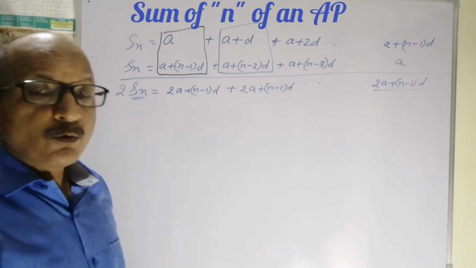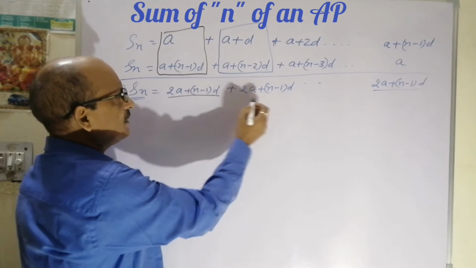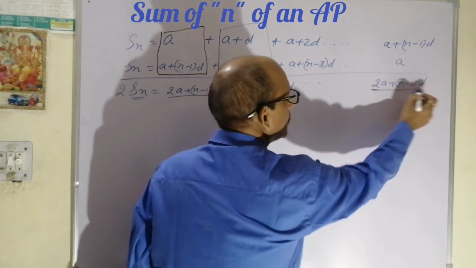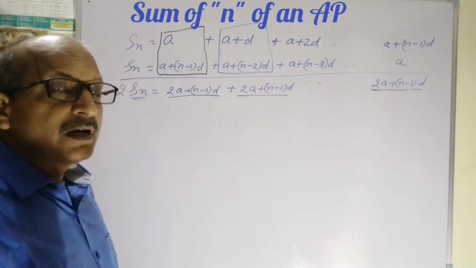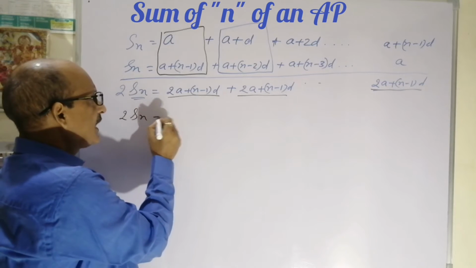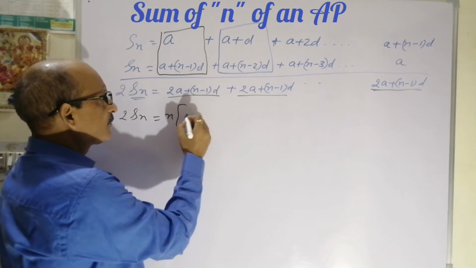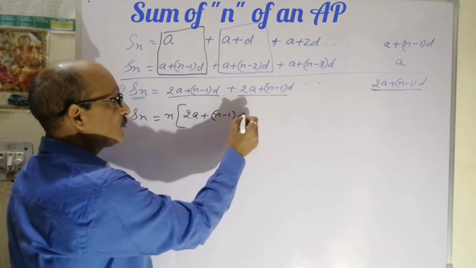It means we are going to add 2a plus n minus 1 into D, n times. To add any number n times, it is better to multiply it by n. So we have 2Sn equal to n times 2a plus n minus 1 into D.